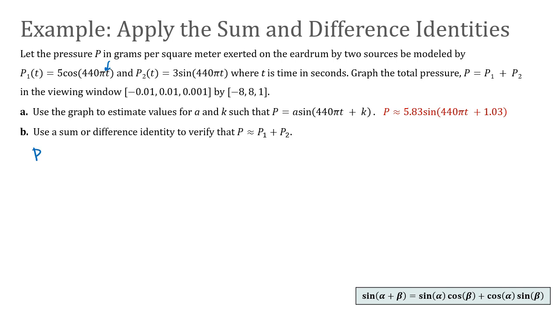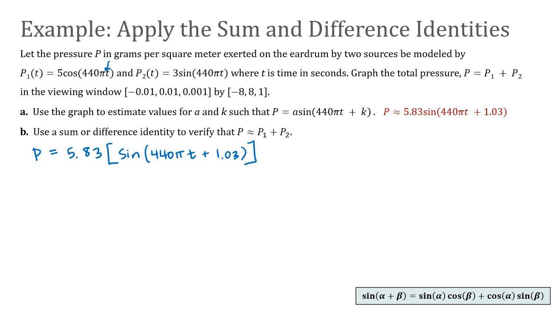So I've got P is equal to 5.83. Now, that 5.83 is being multiplied by that whole sine function. I'm going to put a bracket on this because I'm really only going to be paying attention to the sine of the sum. The sum is 440 pi t plus 1.03.